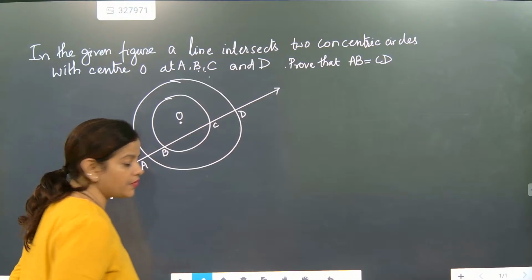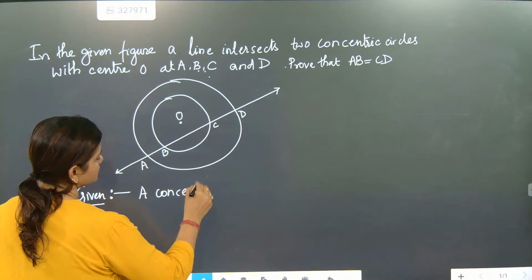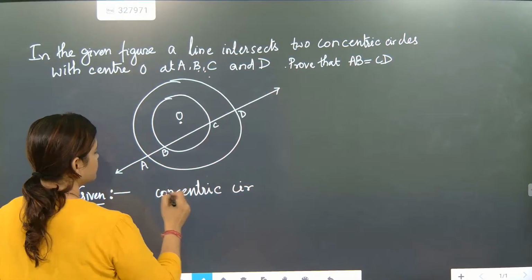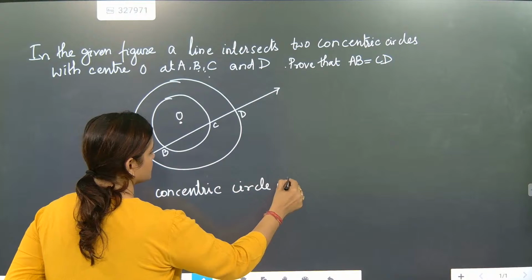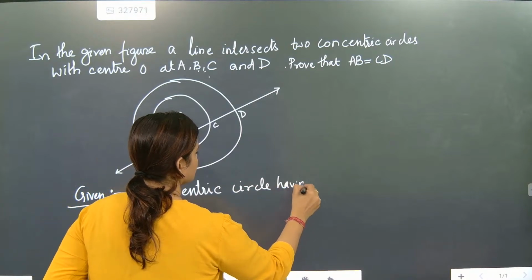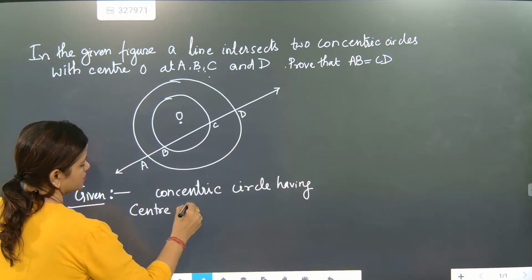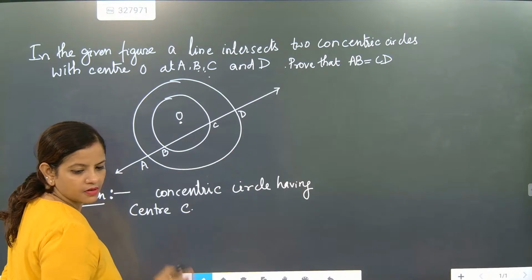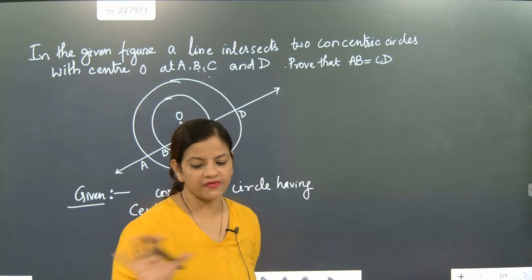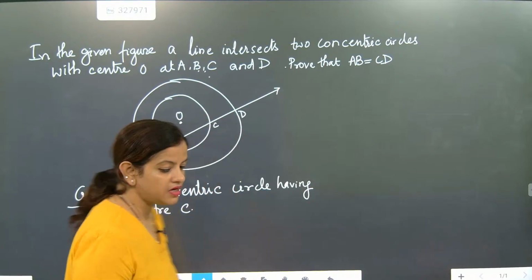So what is given? Concentric circle having center O is given. Understood? Next part.